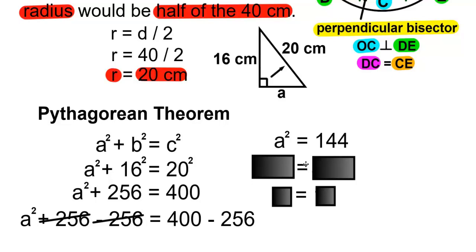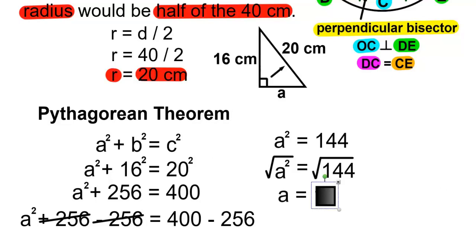Next, to remove the squared from a squared, we'll do the opposite and take the square root of a squared. If we take the square root of this side, we'll have to take the square root of 144 as well. The squared and the square root will cancel, leaving us with a. And the square root of 144 is going to be 12. So a is going to be equal to 12 centimeters.